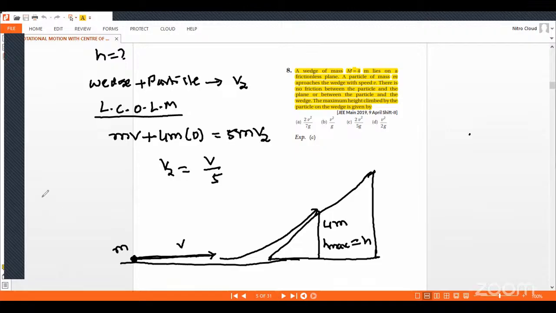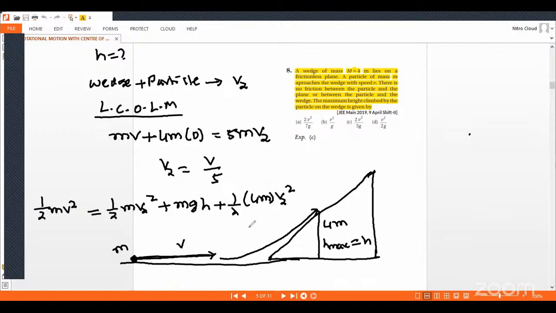Initially, the energy is half mv square, which equals half m v2 square, and the particle rises to a height h, plus the wedge is also moving with velocity v2.